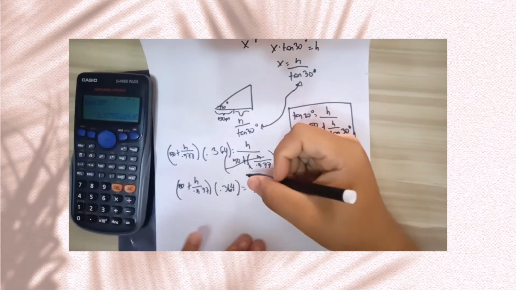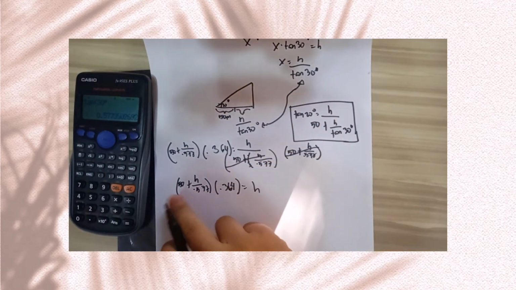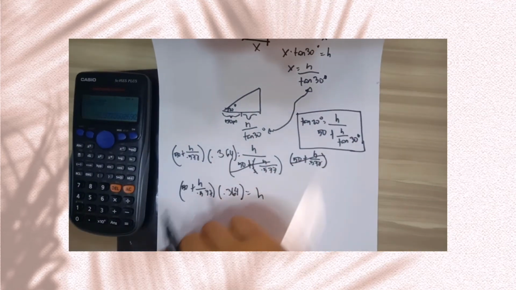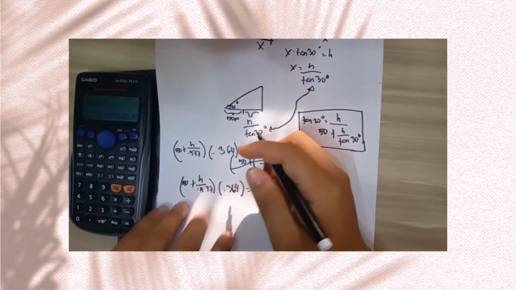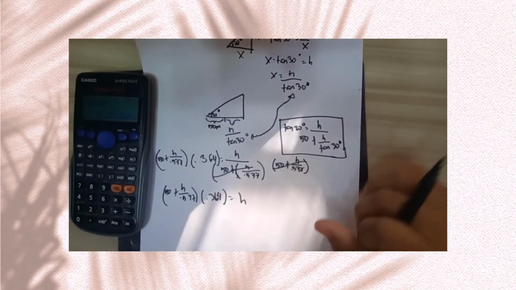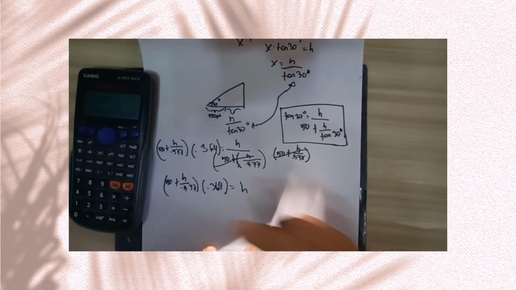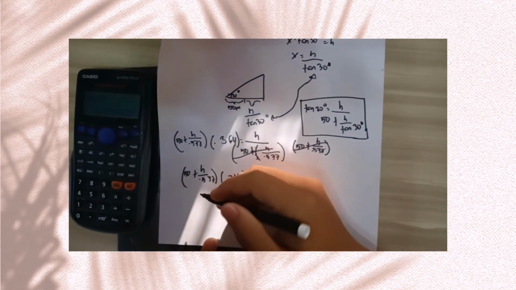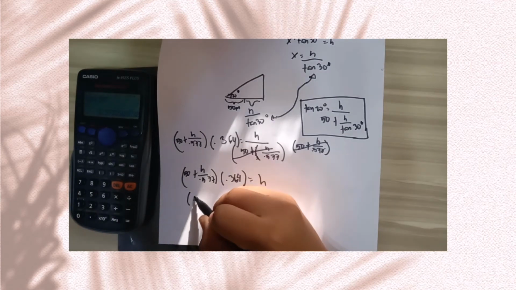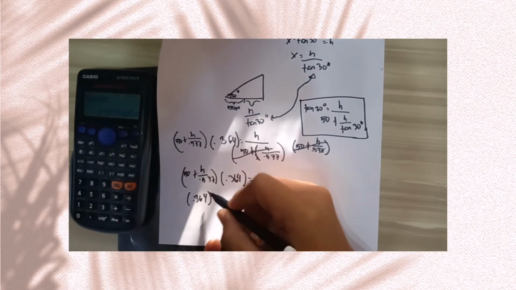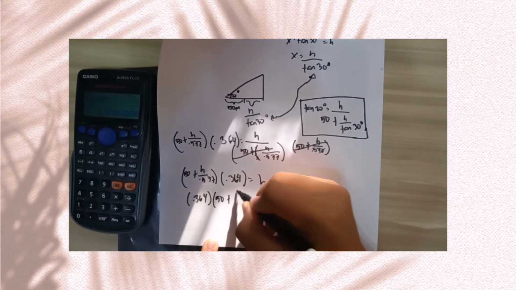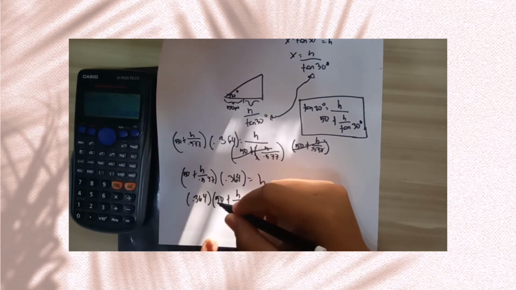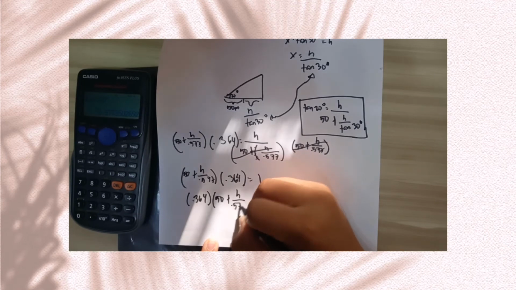So these two will change. We will change this to 0.364 times 50 plus h over 0.577.